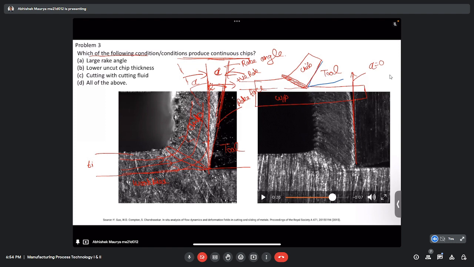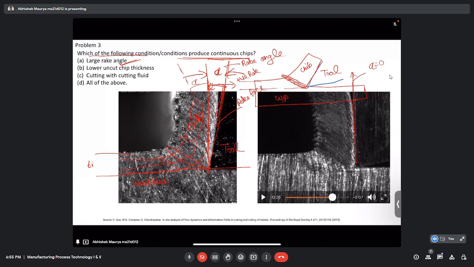But if we reduce the rake angle, if the rake angle is negative, then the chance of getting continuous chips is less. So yes, the first one seems to be correct. And coming to the second one, lower uncut chip thickness.